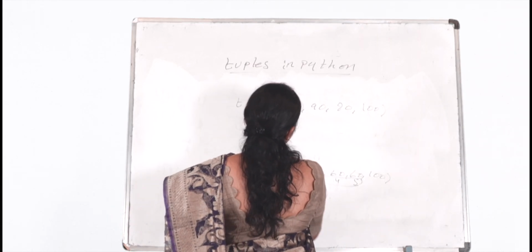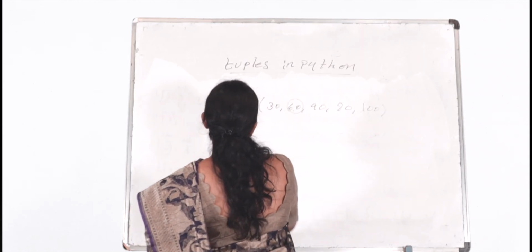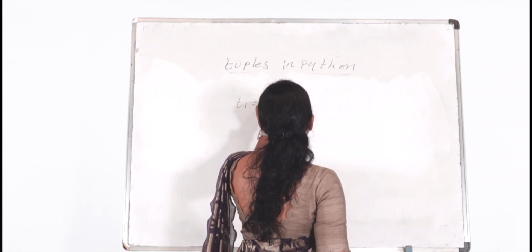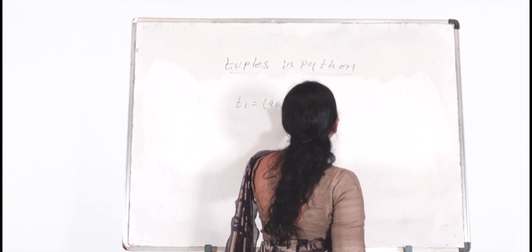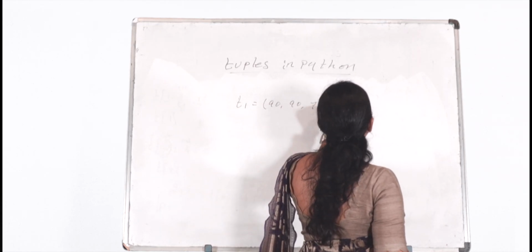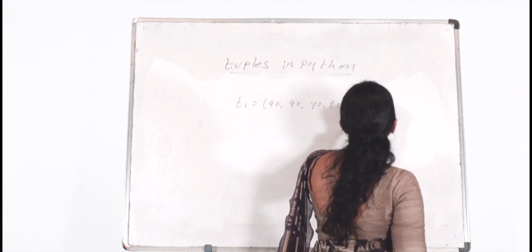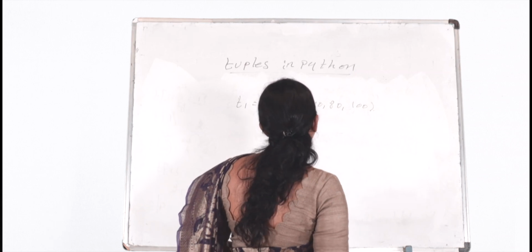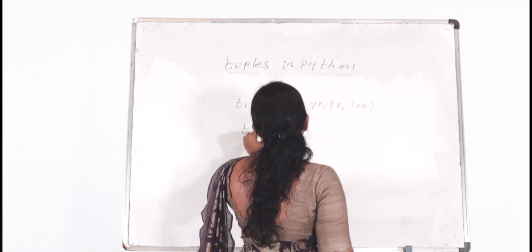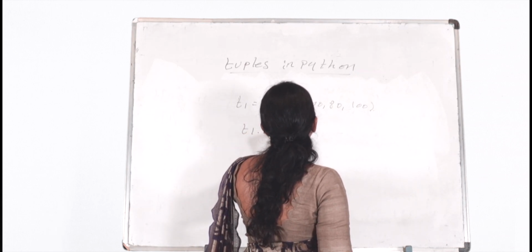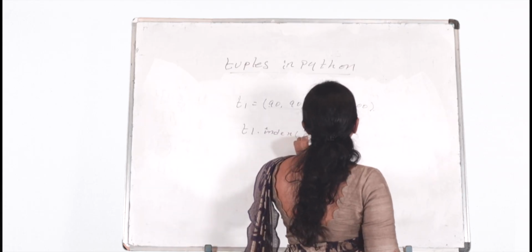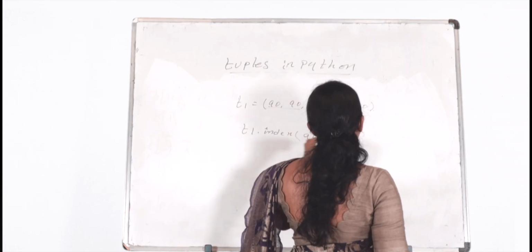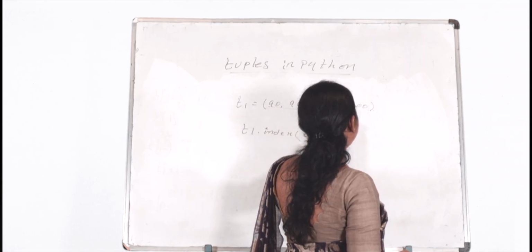Coming to the index, we'll take one more tuple: t1 is equal to 90, 90, 70, 80, 100. 90 is present in two places. Which one will we get? t1 dot index of 90. As I stated, the index syntax is value comma start comma end.